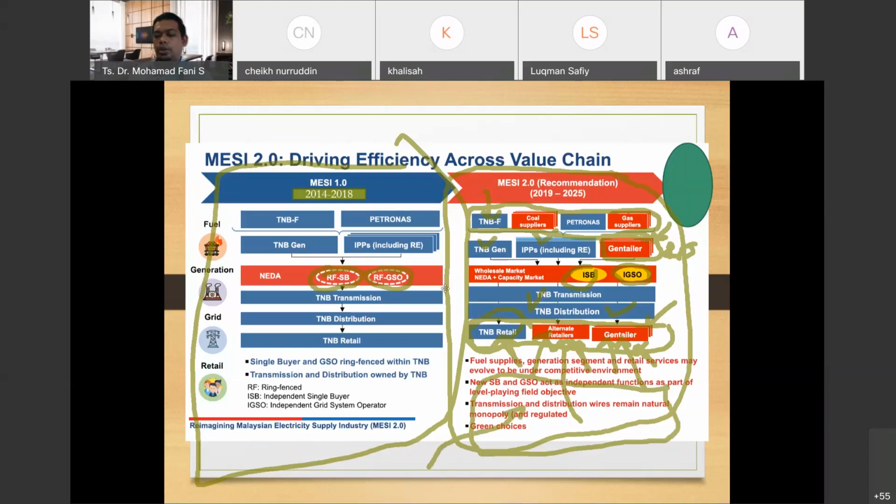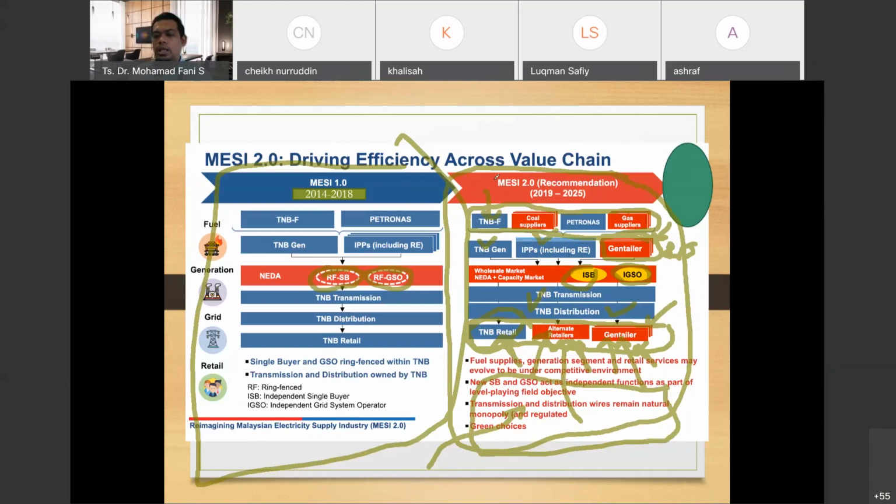With this kind of structure of the MESI for the future, we can see that our graduates will have the opportunity to join the retailer, the gentailer, any part of this regime under the IBR system.